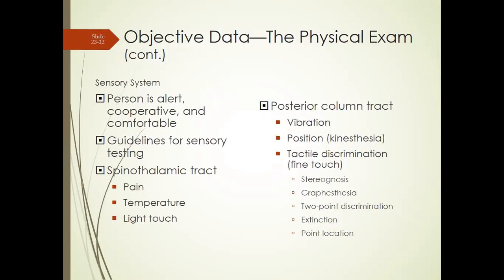We can also assess the posterior column tract: vibration, position sense like kinesthesia, tactile discrimination like fine touch, and also stereognosis, graphesthesia, two-point discrimination, extinction, and point location.